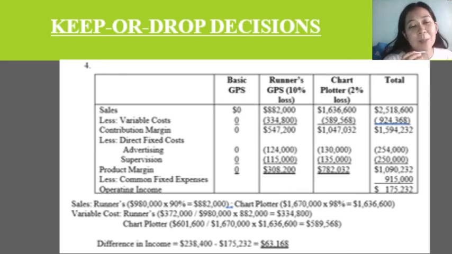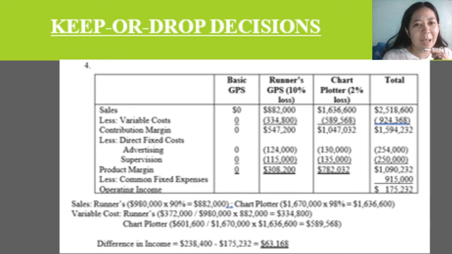Based on this illustration, we can say that it's better to keep the basic GPS although it's running at a loss. However, this is a call on the management of the company on what to decide. If they drop the basic GPS, they still have positive operating income for both the runner's GPS and chart plotter.